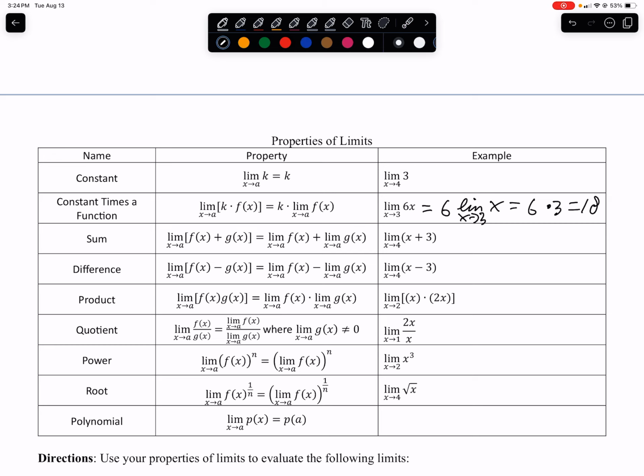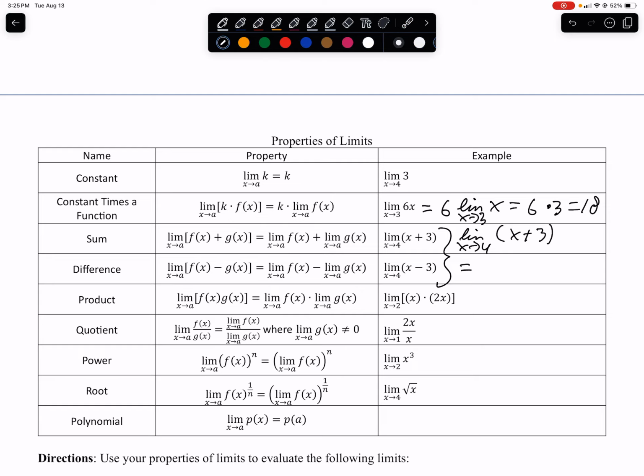Well, I'm just going to do one example for both these because you either put a plus or a minus. So I'm going to do this. The limit as x approaches 4, I'm just going to do x plus 3. Now, if it's minus, the only difference is you're going to have a minus in between.